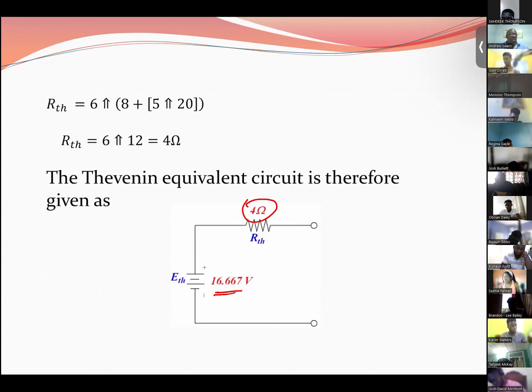So this is a Thevenin equivalent circuit. But remember, the objective was to find the current through the 24 ohm resistor. All right. So to do that, we now need to connect the 24 ohm resistor to the Thevenin equivalent circuit.